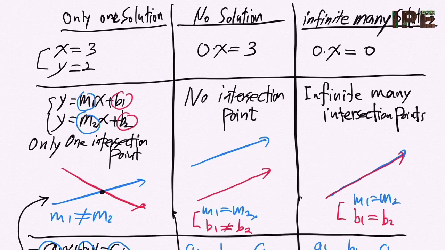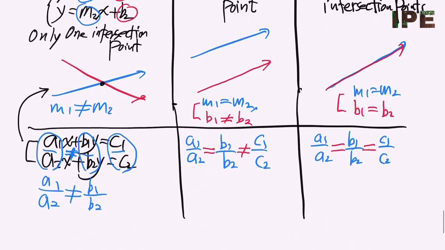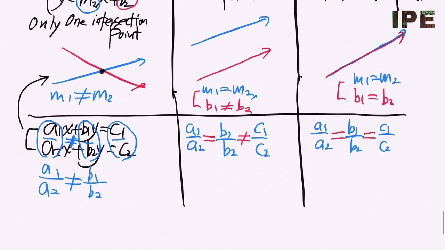No solution means same slope, different y-intercept. For an infinitely many solutions problem, the equations have what? Same slope, same y-intercept. If standard form is given, don't change forms, just compare A1 over A2, B1 over B2, and C1 over C2.